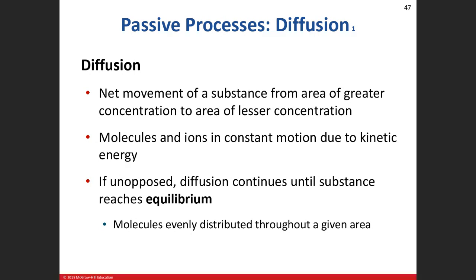What will happen with diffusion is that substance is going to want to move from that area of higher concentration to lower concentration. So I'll go back to sodium. A lot of sodium outside the cell, very little sodium inside the cell. So where is sodium going to want to go? Is it going to want to move out of the cell or move into the cell?